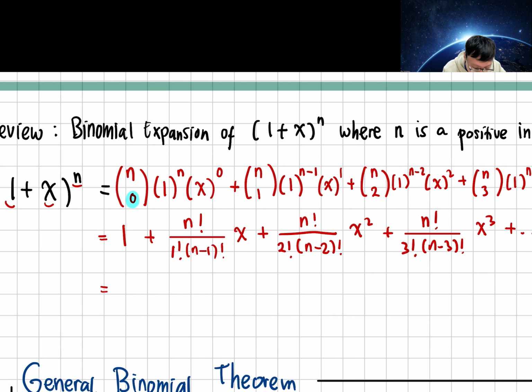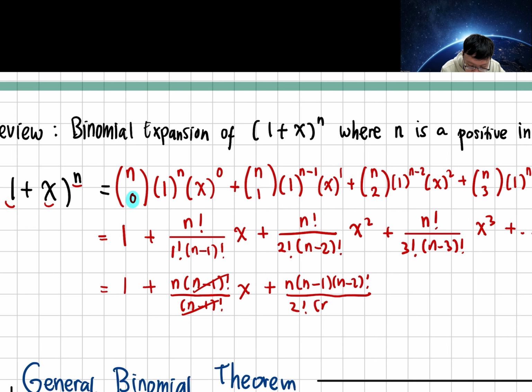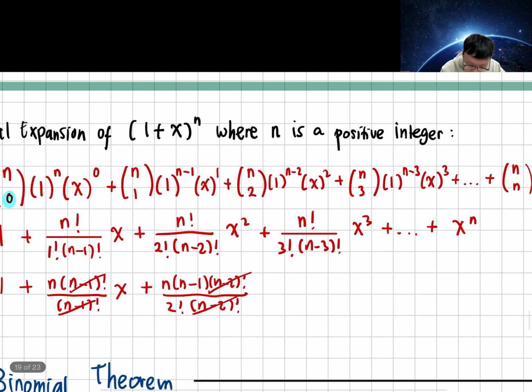So we can simplify the factorial notation here, because we know that n factorial is just n times n minus 1 factorial, over n minus 1 factorial, and that will cross out, x. Plus n factorial, we expand until you get n minus 2 factorial, so n times n minus 1 times n minus 2 factorial over 2 factorial times n minus 2 factorial, and you cross that out.